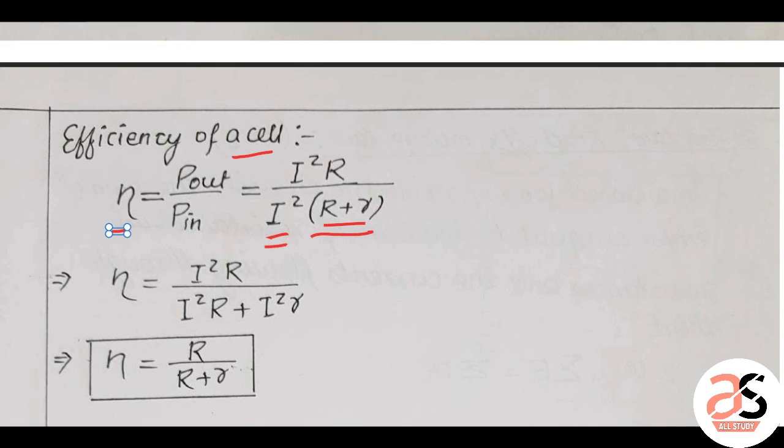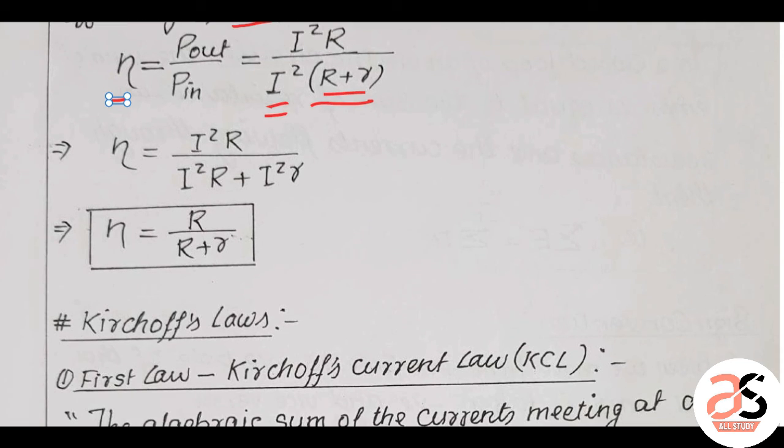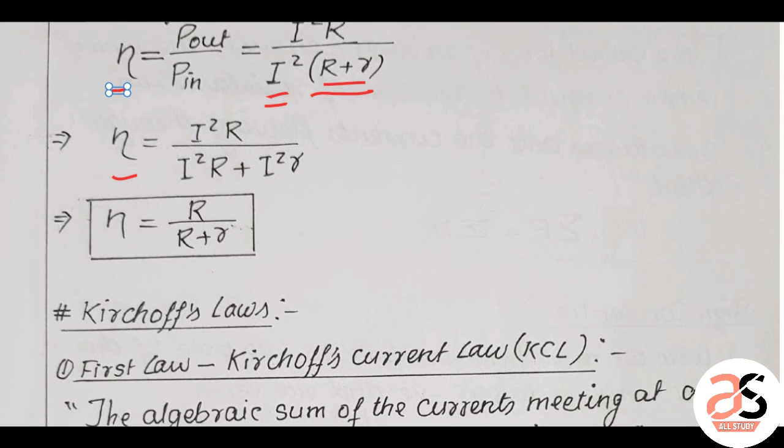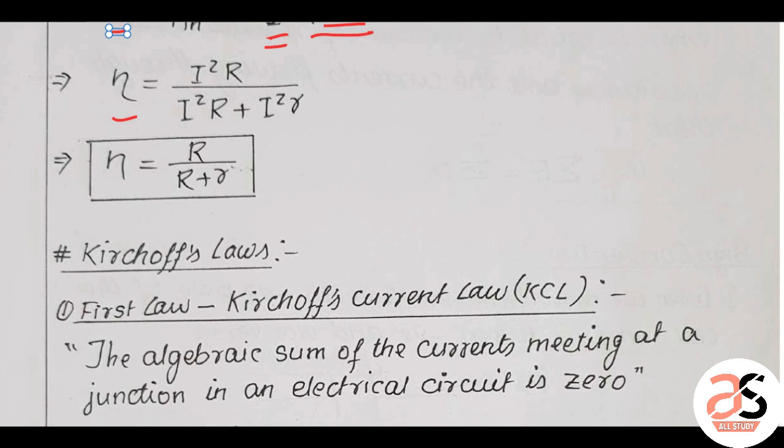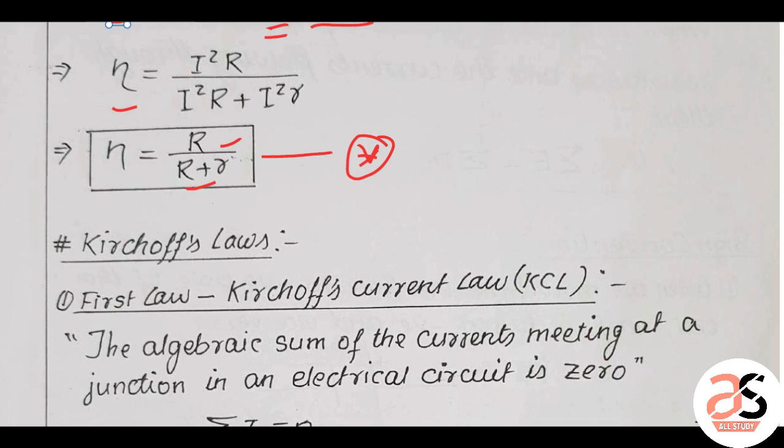This is the efficiency of a single cell. So efficiency is I square R by I square R plus I square r. I square cancels out, so this is R by R plus r. This is the efficiency of the cell.